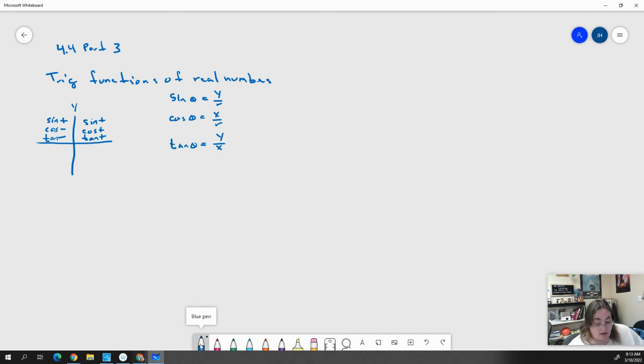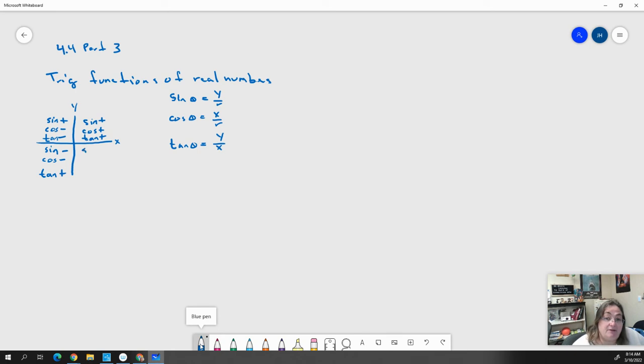Here, sine is y, and y is negative under the x-axis. Cosine is x, which is also negative. Sine is negative, cosine is negative. And tangent is sine over cosine, so a negative over a negative gives us a positive.